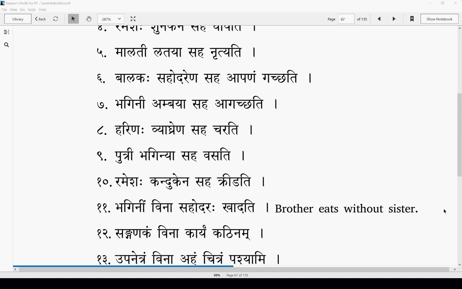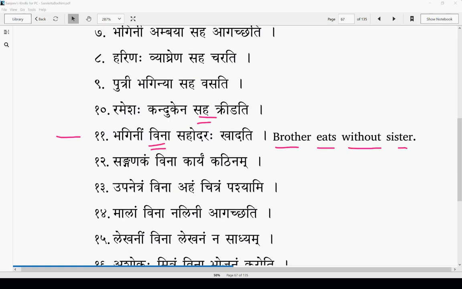Vina. Now the next one is vina. Like saha we saw, the other word is vina. Vina is also a special word like saha. Sister, or in the absence of sister, without sister. So here bhaginim, what is the vibhakti? Is it prathama, dvitiya, tritiya, shashti?